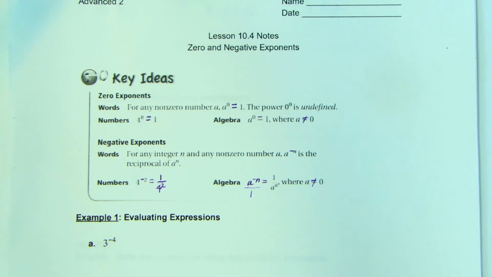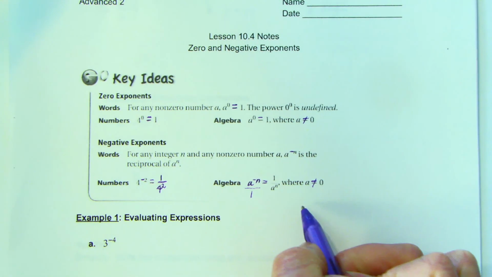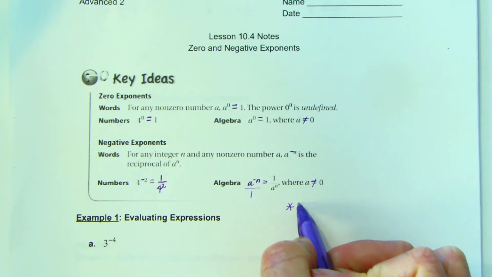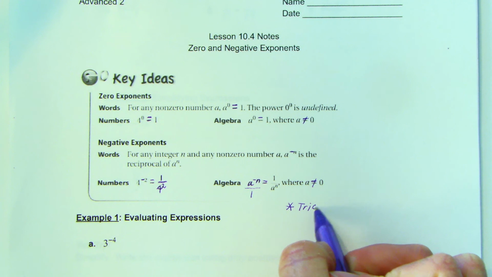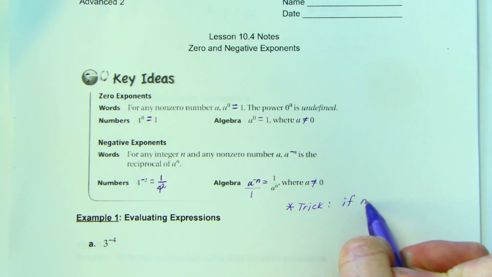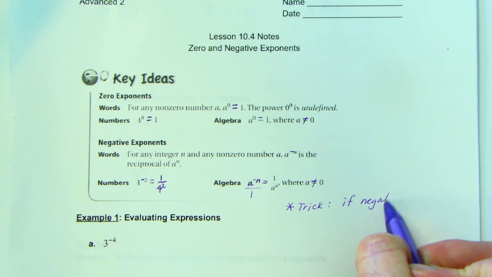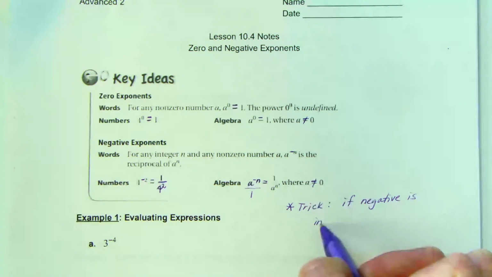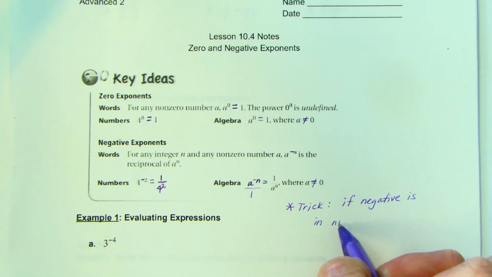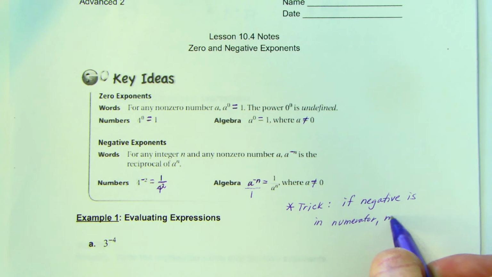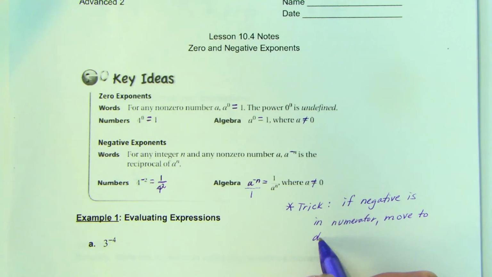I think I'm going to write a little note here. So this is a little trick. If the negative exponent is in the numerator, then you move it to the denominator.